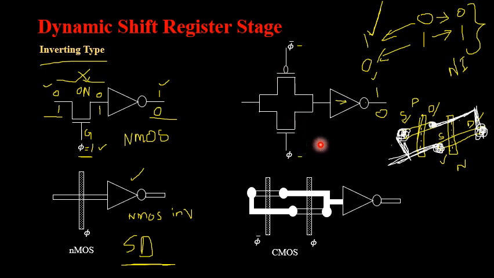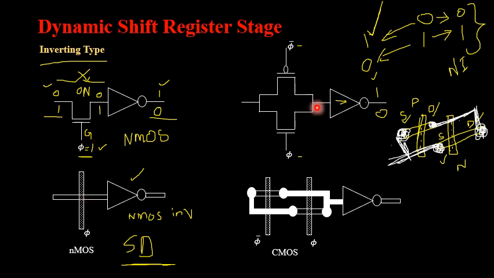So two transistors plus the CMOS inverter will be having two transistors. For one single inverter, there will be two transistors, one PMOS and another NMOS. So 2 plus 2, it will be 4. For this, it is 1 plus 2, which is 3 in number. So CMOS will be occupying more space when compared to the NMOS design style.